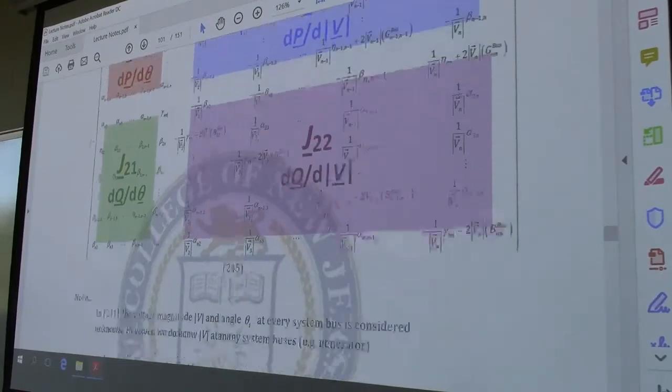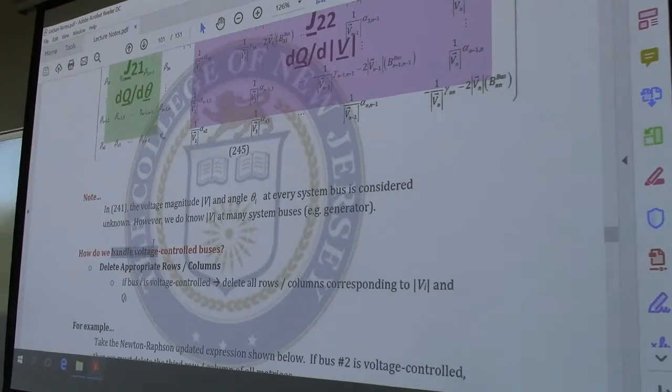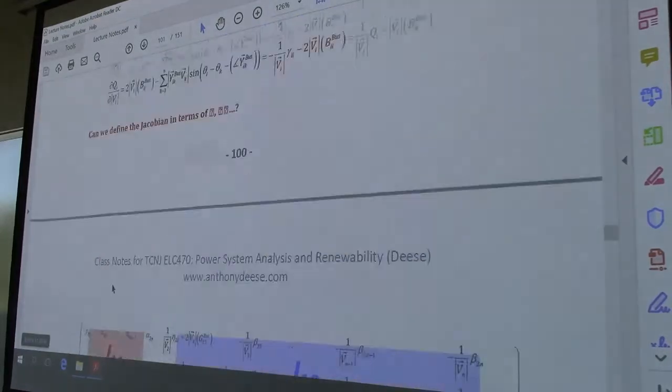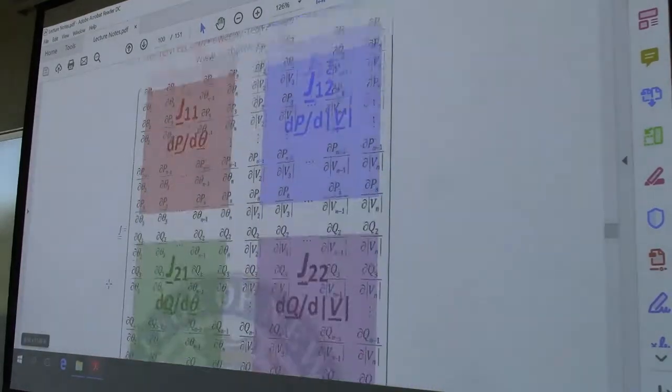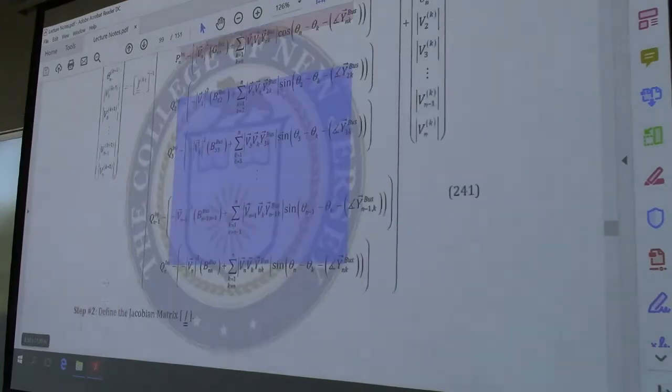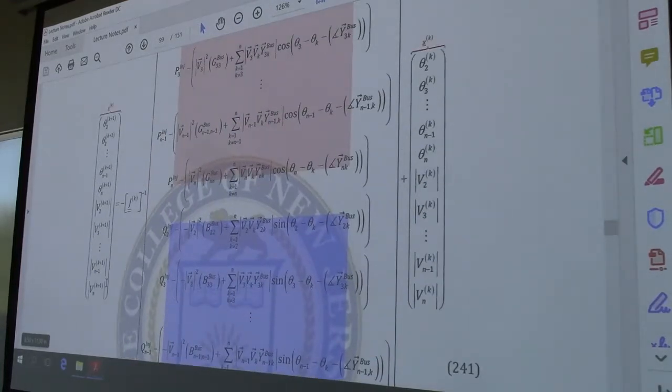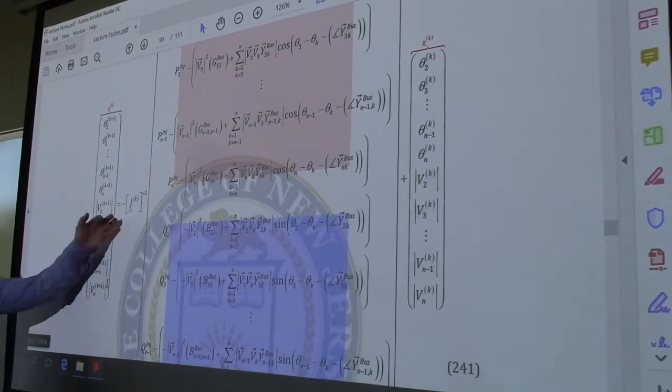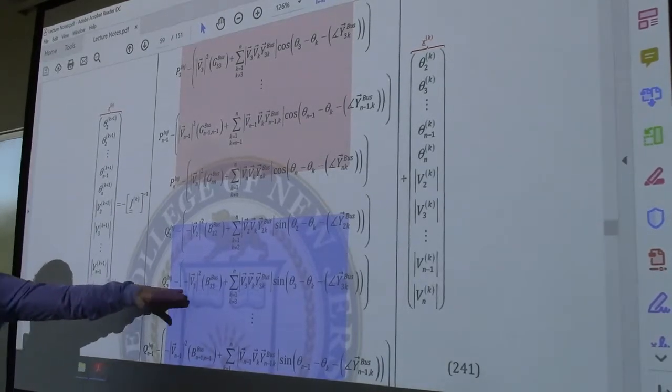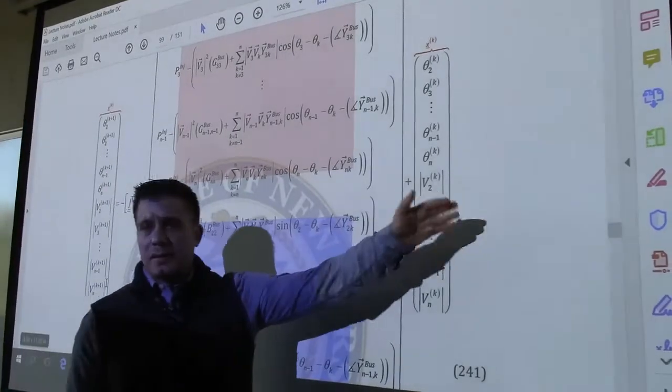Now, how do we treat PV buses, voltage controlled buses? So let's say bus 3 is a PV bus. That's it. All you got to do is knock this out, knock this out, knock this out.